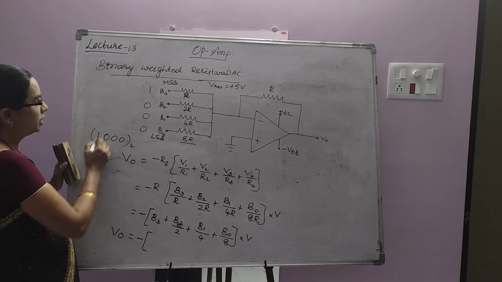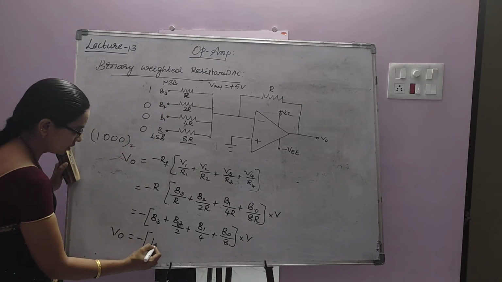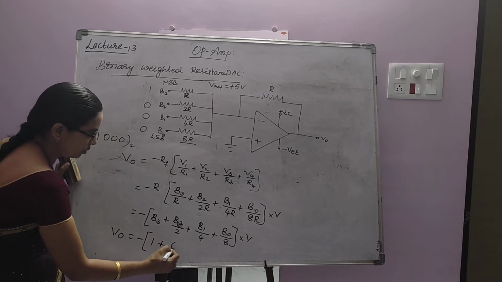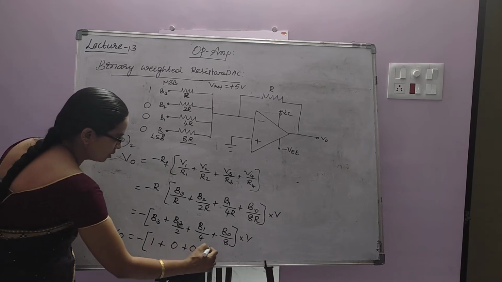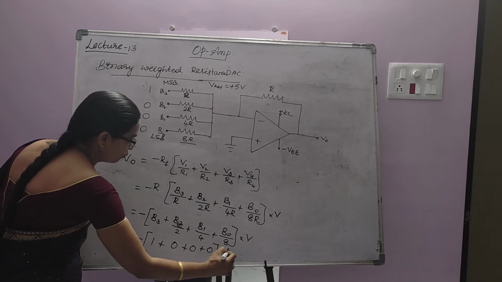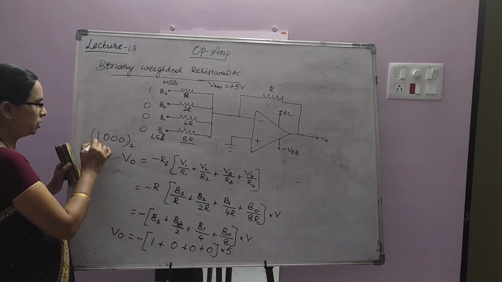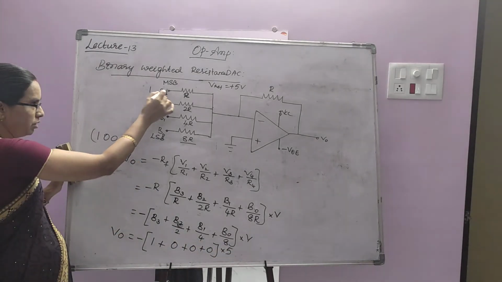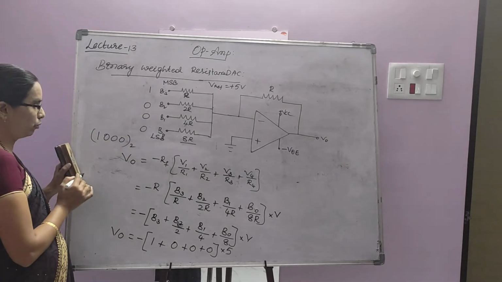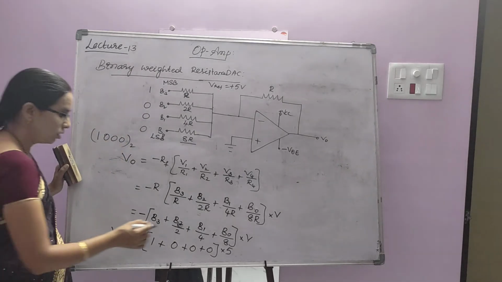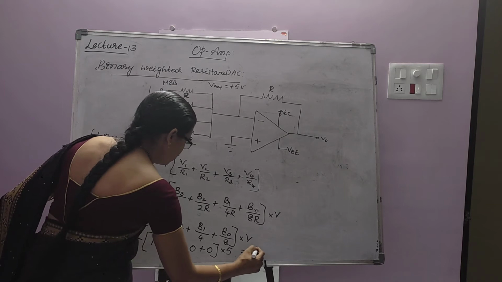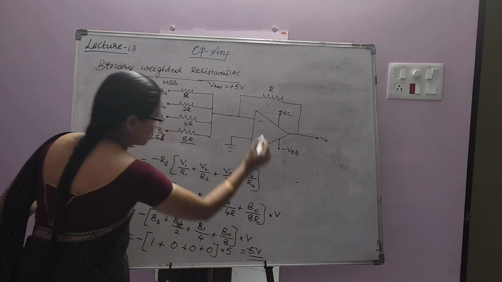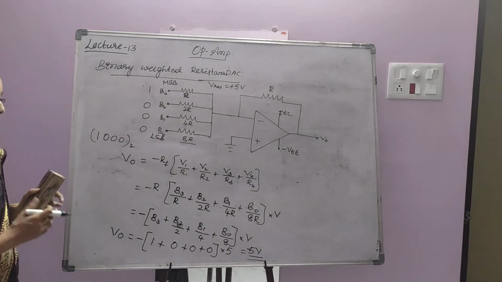B3 is 1, B2 is 0, B1 is 0 and B0 is 0, into 5 volt. That means if this is 1, you should connect this B3 input to 5 volt. Others are connected to 0 volt. So it is 5 volt, minus 5 volt, because it is an inverting adder.